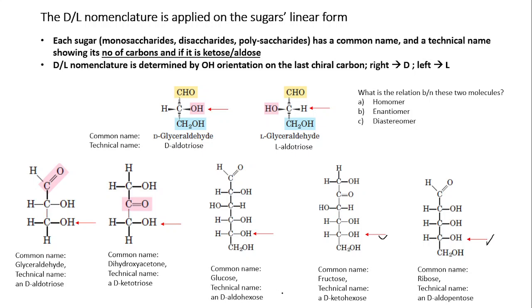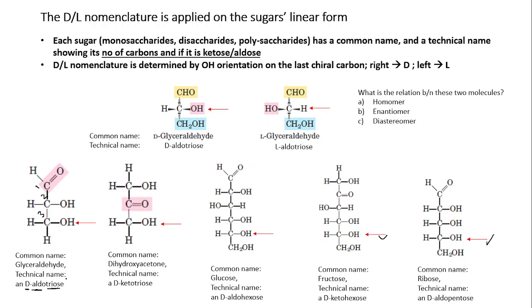One more way of naming the sugar is based on the D and L nomenclature and the aldose and ketose. For example, glyceraldehyde is an aldose, and this is the D, so you can write this as D-aldotriose because it's a 3 carbon backbone.